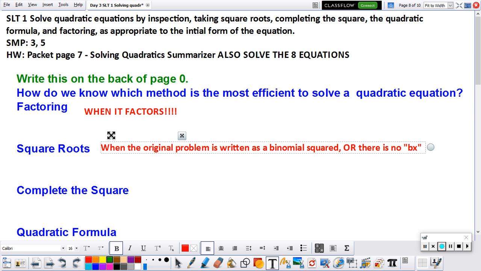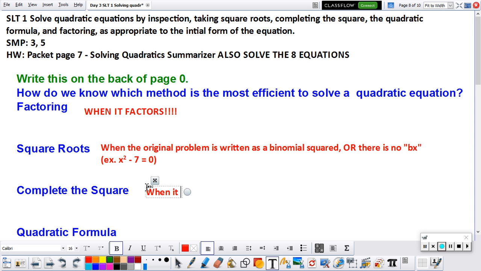For example, let's say we had x squared minus 7 equals 0. We would just add 7 and then take the square root, and it would be the end.